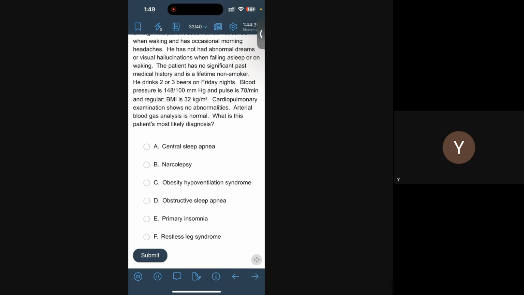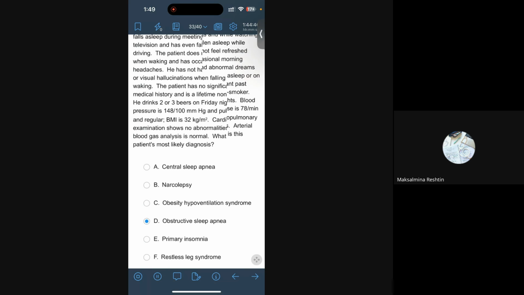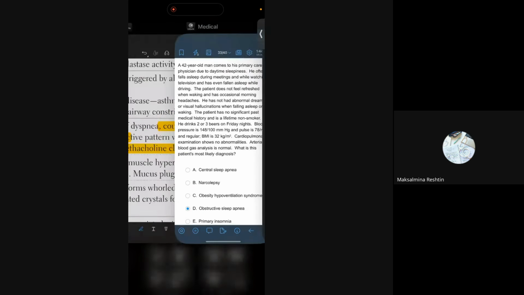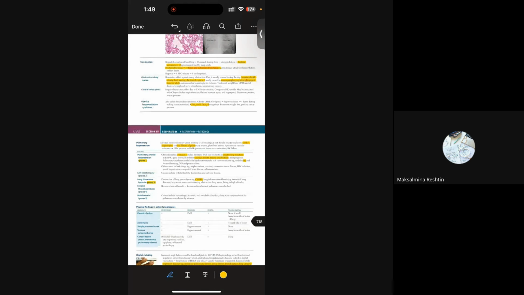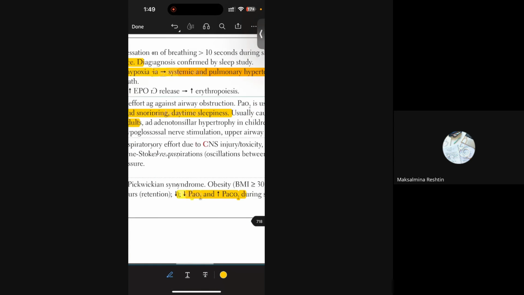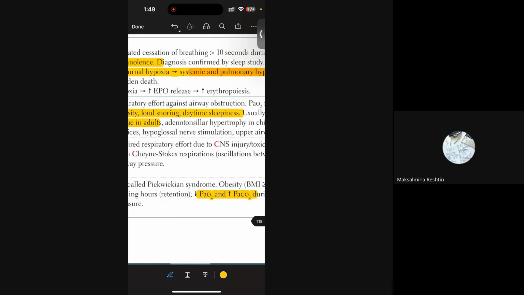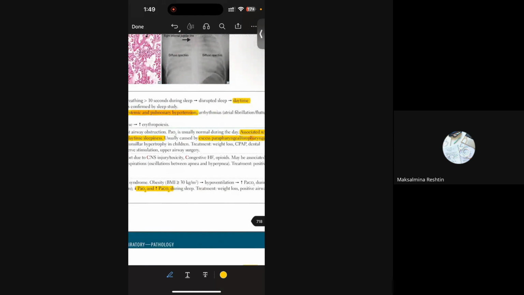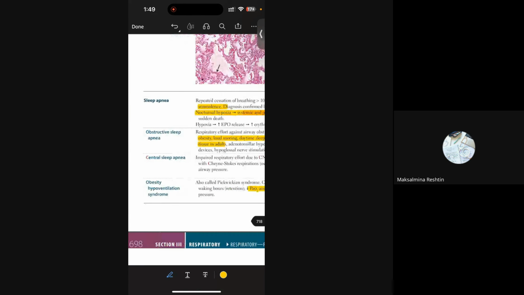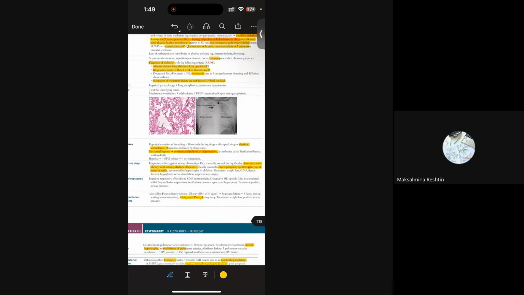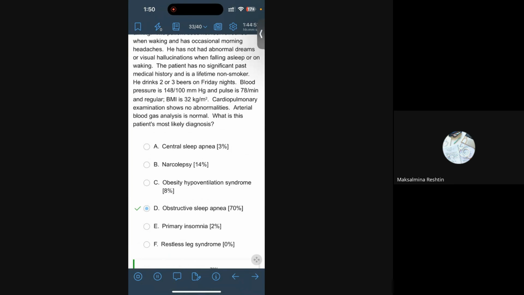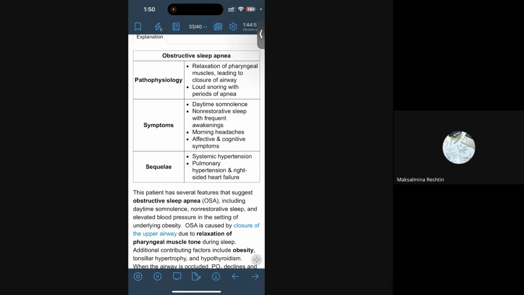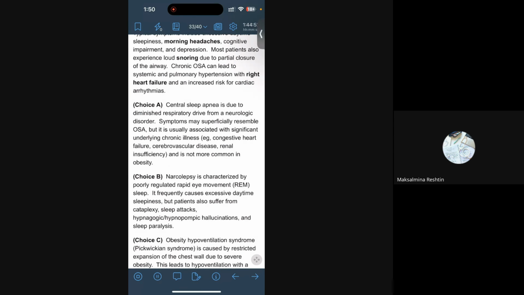Obstructive sleep apnea. High BMI, daytime sleepiness, morning headaches, snoring, all the symptoms point to obstructive sleep apnea, and it also explains the hypertension.